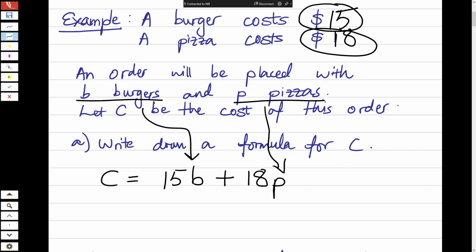So let's say I order 10 burgers. Okay? In that case, B would be 10. And if I do 15 times 10, it will give me the cost of 10 burgers. If I order B burgers, then 15B will be the combined cost of those burgers. Okay? So B and P are just representing any number.